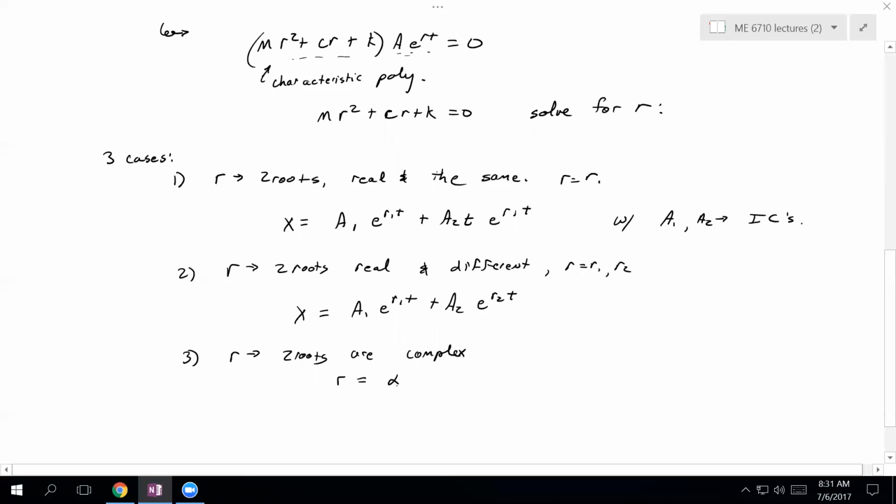For some reason, I'm here using alpha and omega. So r1 is alpha plus omega i and alpha minus omega i, with i, the imaginary operator, or i is the square root of -1.